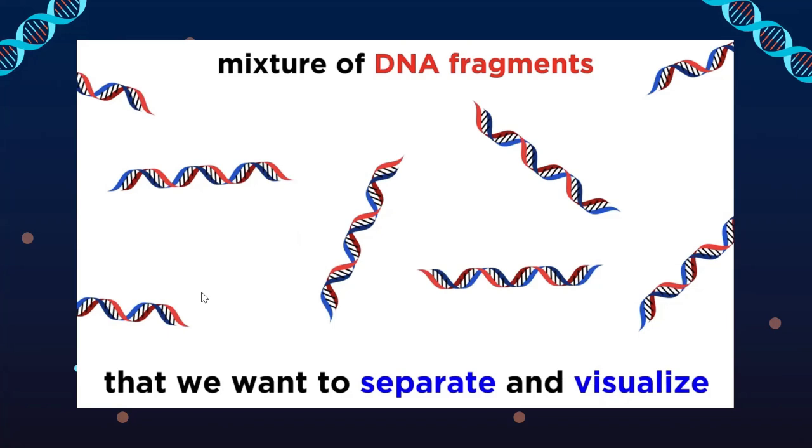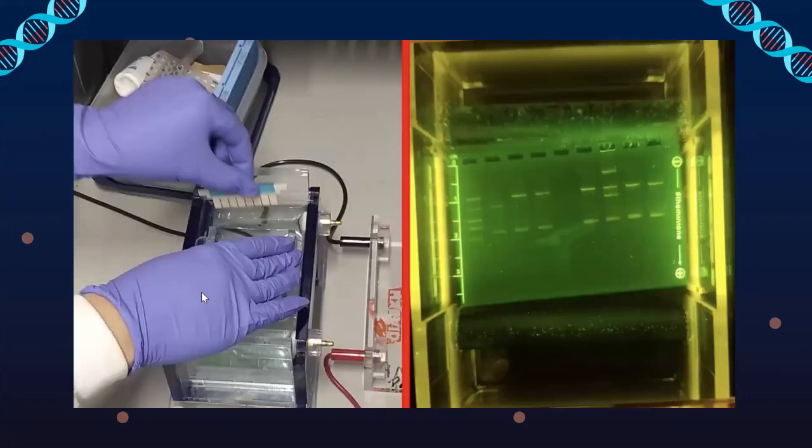Or before mag-start ang flag ceremony, syempre hindi naman pwede na yung mga matatangkad na sa harap, or masyadong magulo yung arrangement nila. So anong kailangan natin gawin? Kailangan natin silang i-arrange. The same is true with gel electrophoresis. We have here a mixture of DNA fragments that we wanted to separate and visualize.